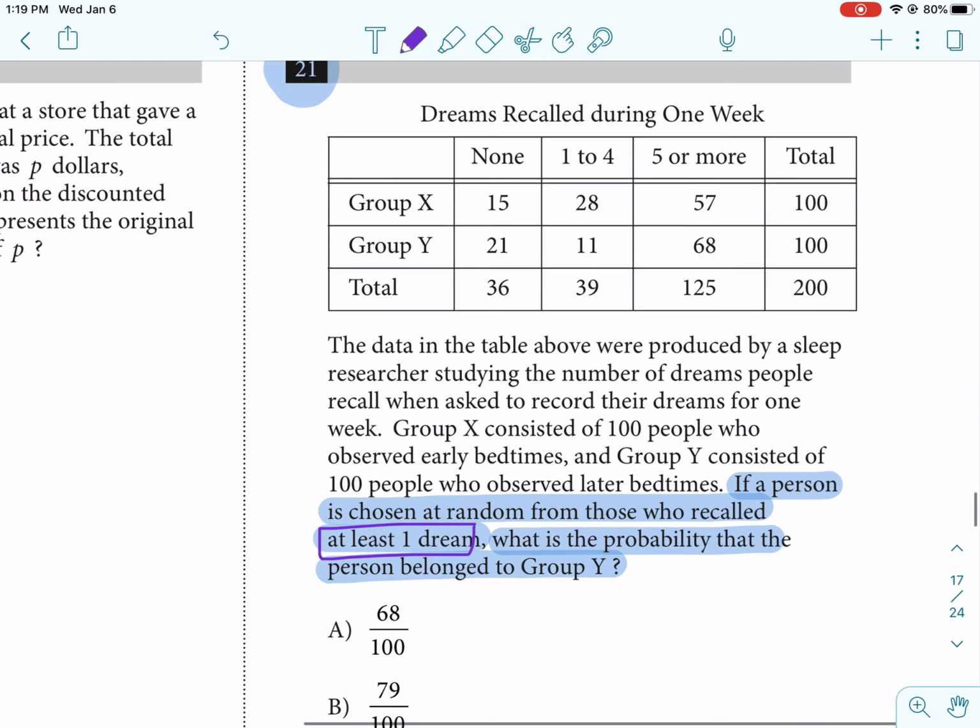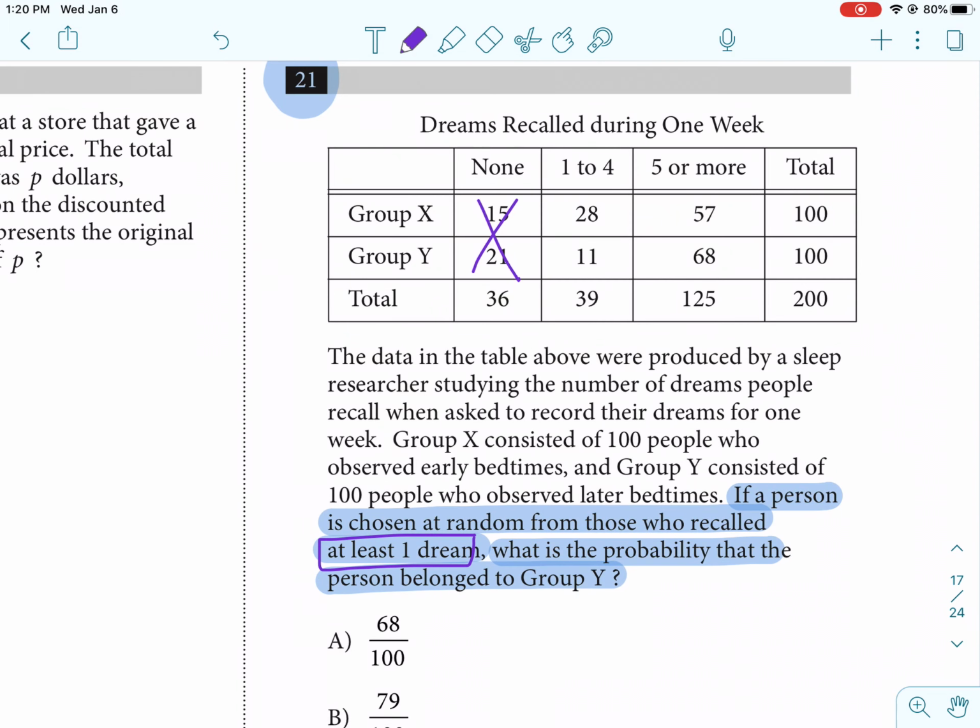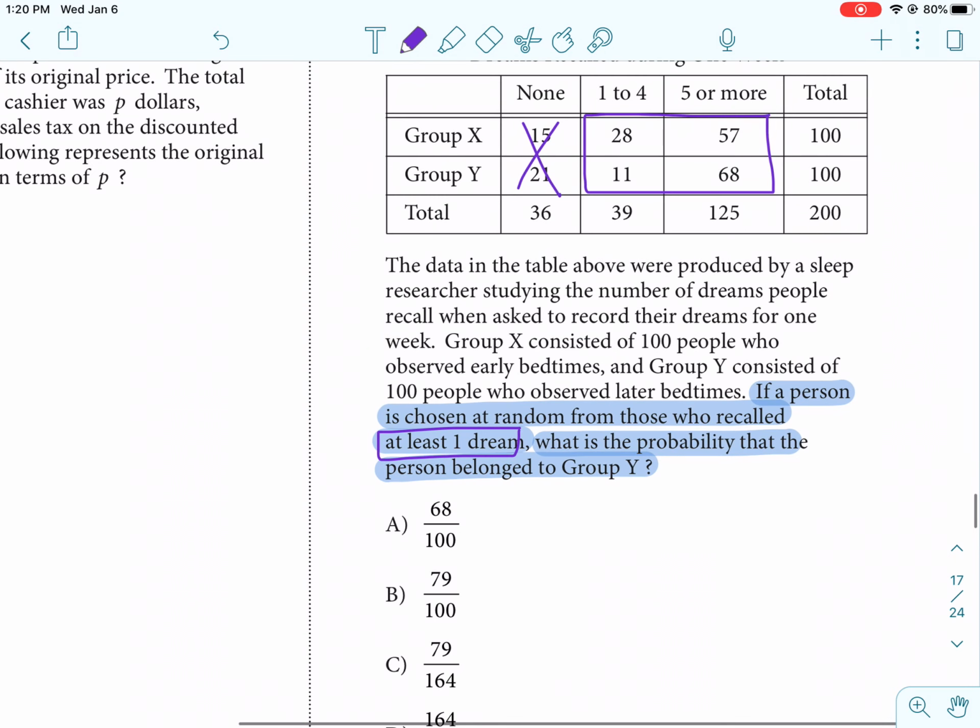If I look at my chart, I don't care about these people who did not recall any dreams. I care about these people who recalled at least one. I'm going to add all those numbers up, and they're actually tallied for you here. 39 plus 125 is 164.